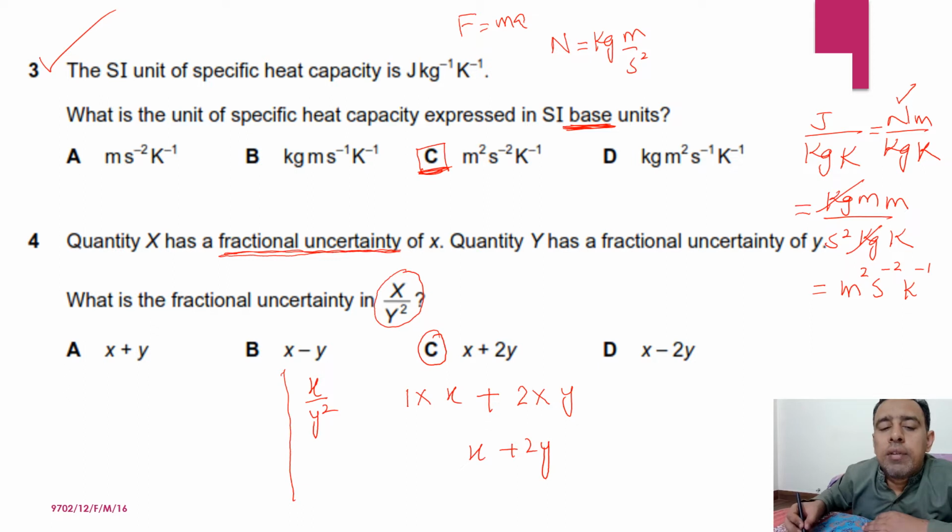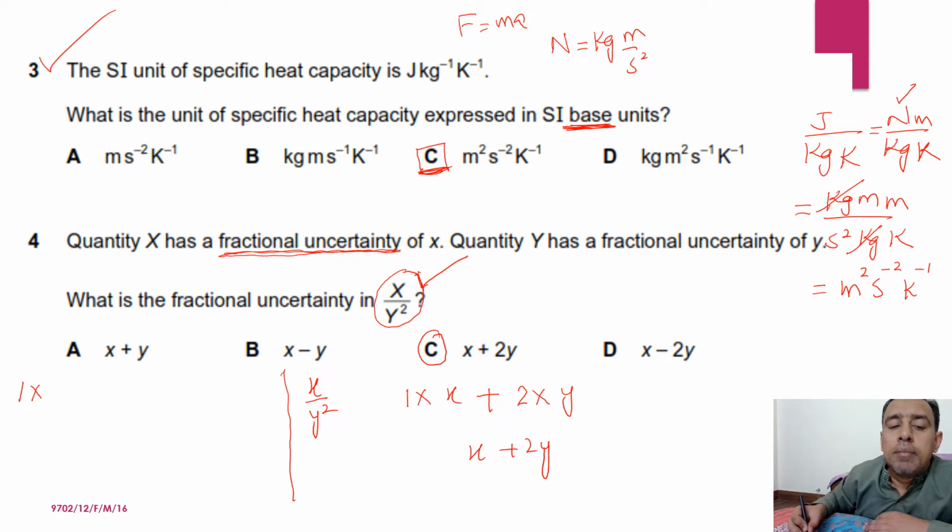Just to have a little more explanation, if we have this question, then we have to apply the power factor. Power factor means the power of the value x is multiplied with the percentage uncertainty of x, and 2 is multiplied with the percentage uncertainty of y.